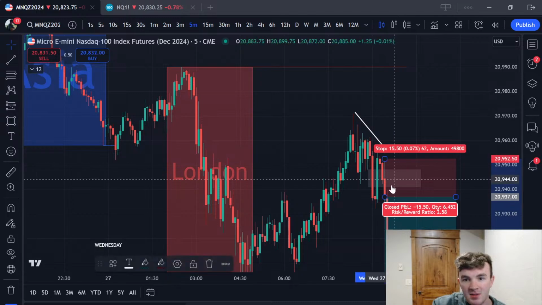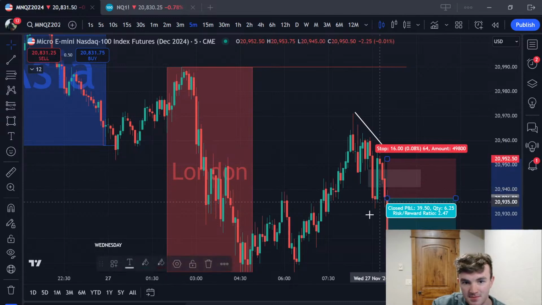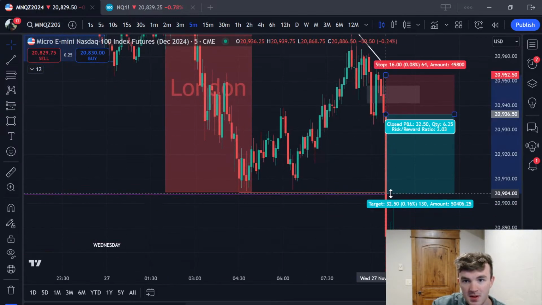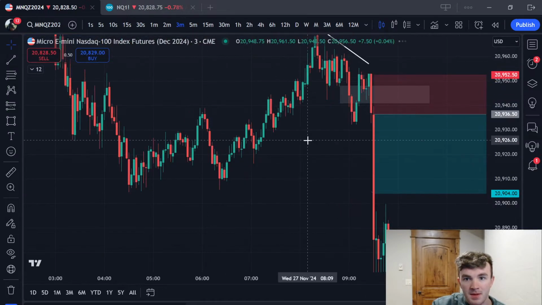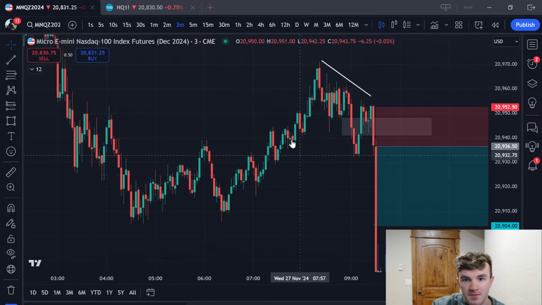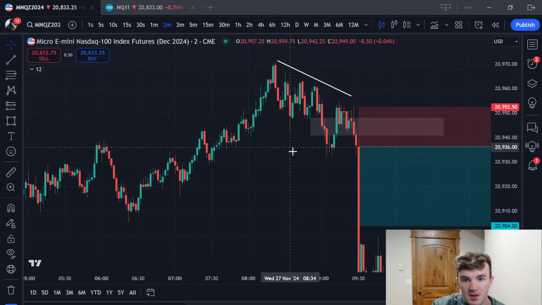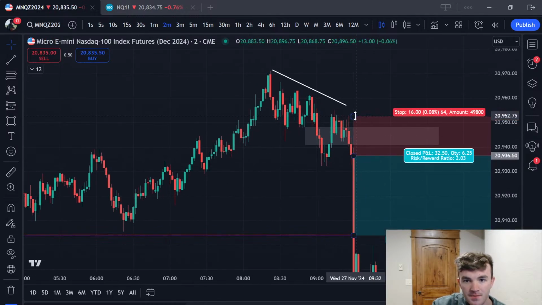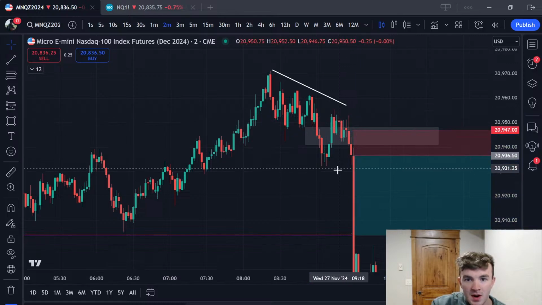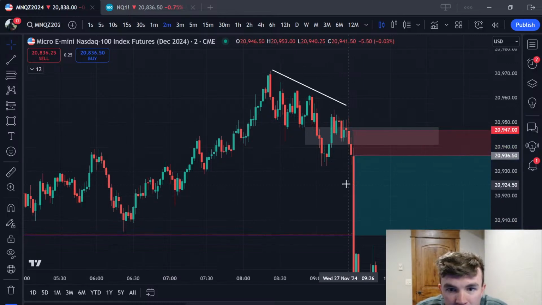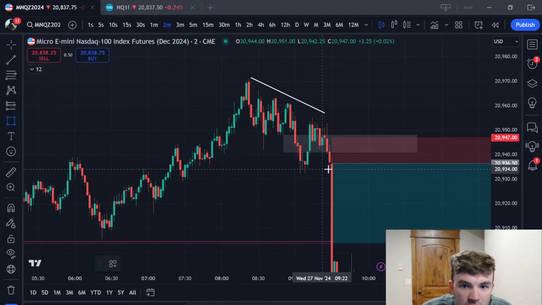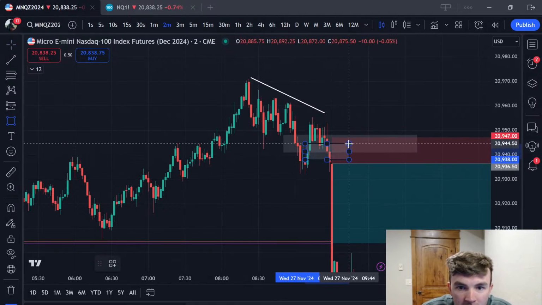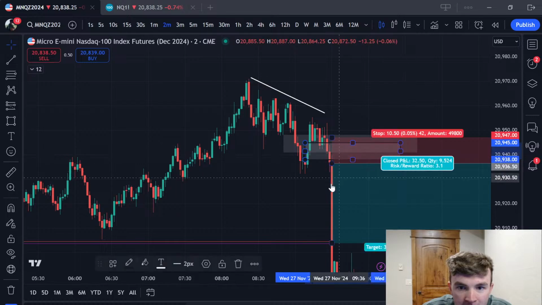I think this would have been a 3-1 for me. I'd probably use these two value gaps together on the 2 minute.